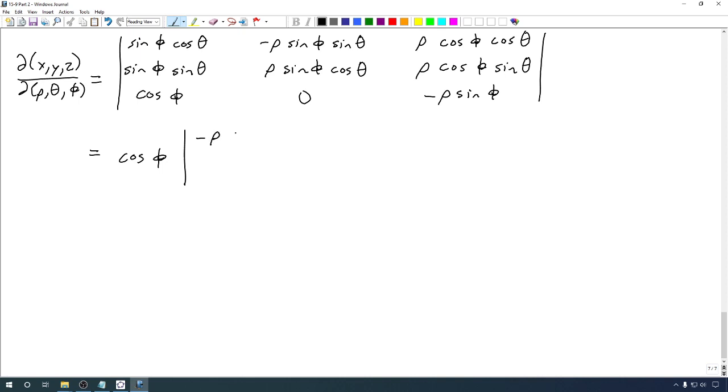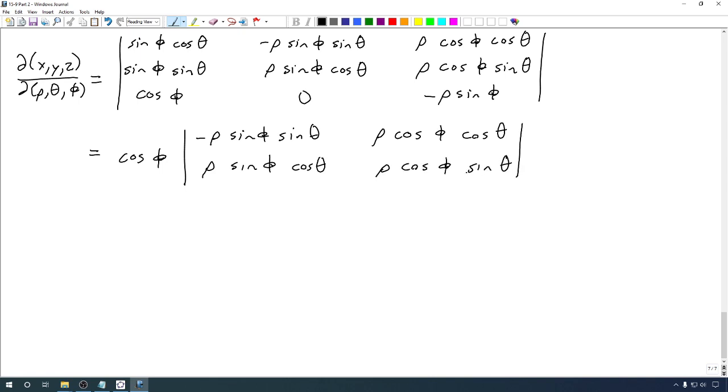So we have a negative rho sine phi sine theta, a rho cosine phi cosine theta, a rho sine phi cosine theta, and a rho cosine phi sine theta. Then we subtract 0 times what happens if you take out this row and this column. Of course, because of the 0 there, that goes away. That's why we want to expand along that. That's why it becomes a little easier.